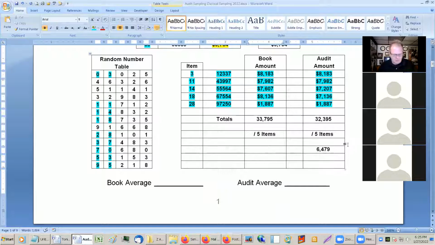And the book average, I did something stupid here. Divided by 67.59.